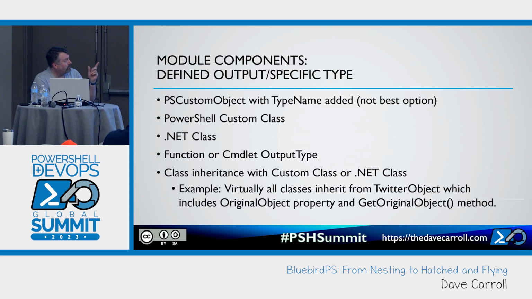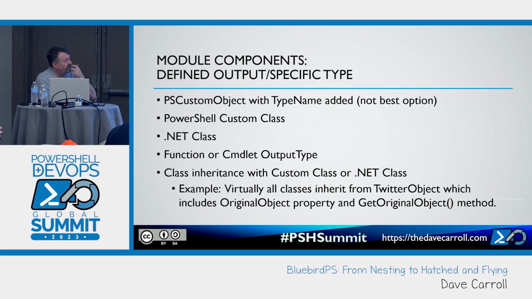One of the good things about having a class, whether it's custom or .NET, is that you can use class inheritance. You have to be smart about class inheritance when you're using the PowerShell custom classes themselves. You have to define the lowest level that you inherit from at the top, and then everything that is inherited has to be lower than the parent.